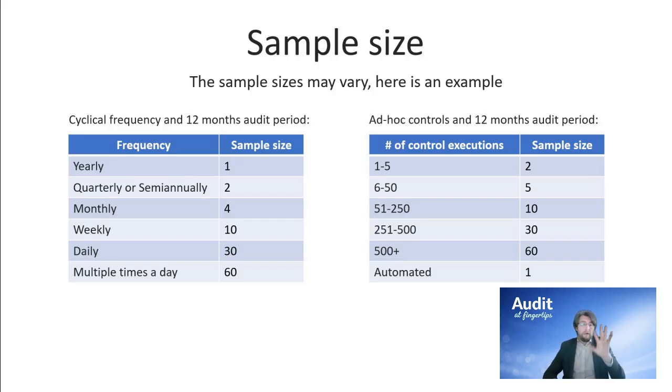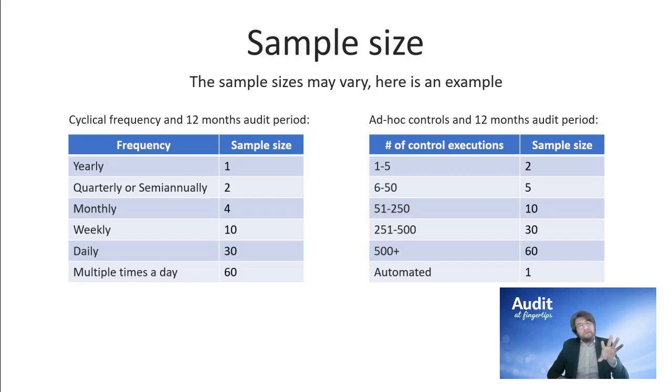Now, on the right, we have so-called ad hoc controls or event-driven controls. And again, we're talking about the same period, same 12 months, right? It doesn't necessarily need to be a whole year, because you can start your audit in May, right? In that case, you can sample something from May current year to June, sorry, to April previous year. I'm sorry, June.